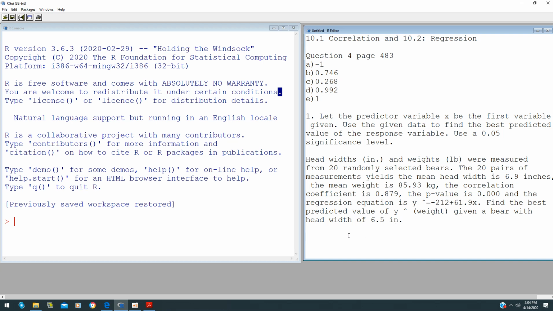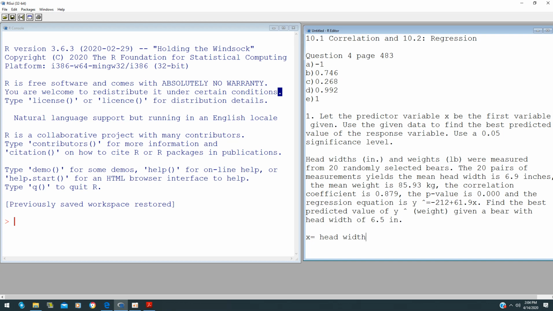Every time you do these kinds of questions, the first thing you need to know is what is your x variable and what is your y variable. Since this question asks to find the y hat, that is the weight. So weight is your y variable, and your x in this case is your height width.